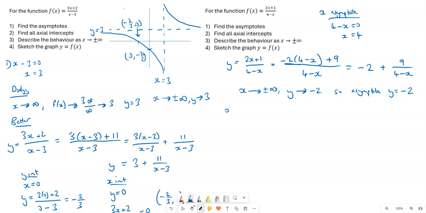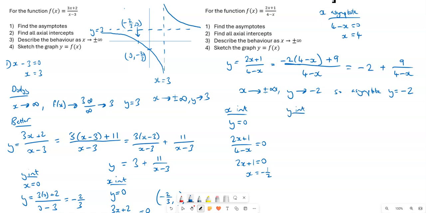Now we find our intercepts. The x-intercept is always the case when y equals 0. 2x plus 1 over 4 minus x equals 0, which means 2x plus 1 equals 0, x equals minus a half. Because for a fraction to equal 0 like this, we know the top needs to equal 0. We can't have a case where top and the bottom equal 0, but that won't usually come up.